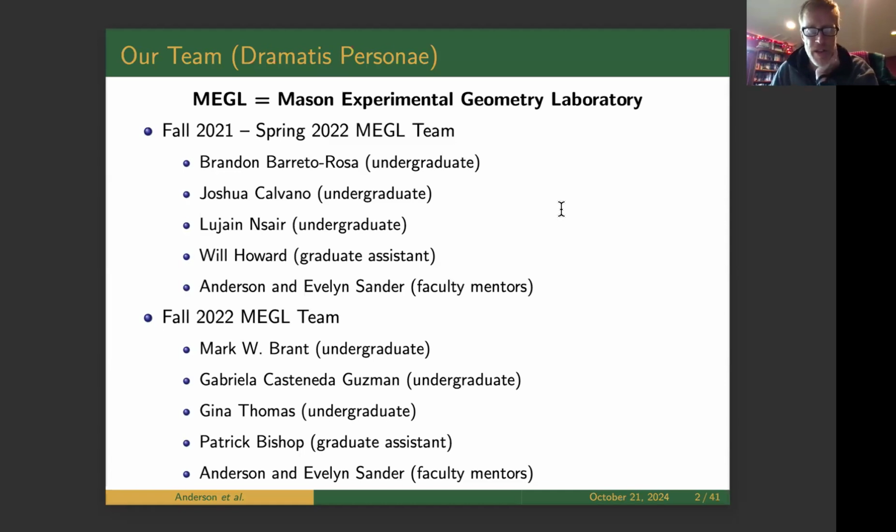We were both mentors, Evelyn Sanders, some of you may know. And then a second group the next fall, similar makeup, some undergraduates, math students, mostly a couple of mechanical engineering students, and Evelyn and I, and a graduate assistant.